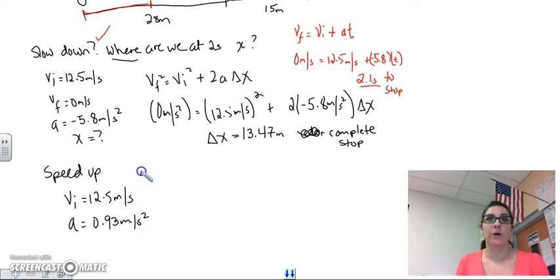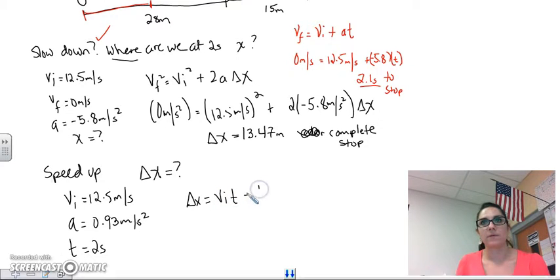We're going to figure out where we are. We're going to, again, figure out our delta x, and not only that, but where we are at 2 seconds, like we said before. So I'm going to use delta x is equal to v_i t plus 1/2 a t squared. So I'll tell you exactly where I am at 2 seconds with that acceleration, with that velocity.